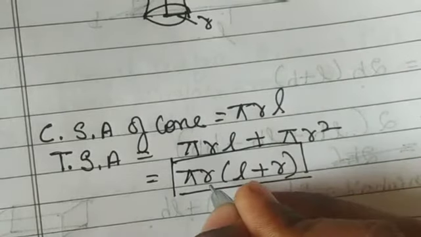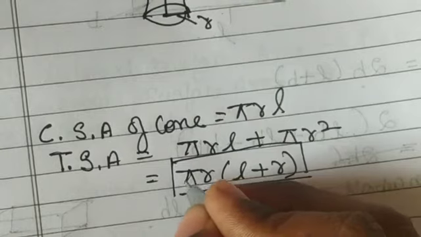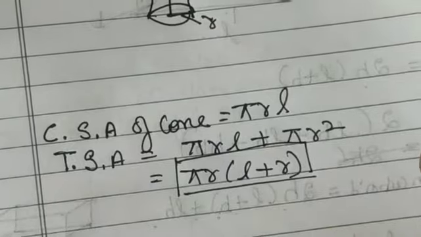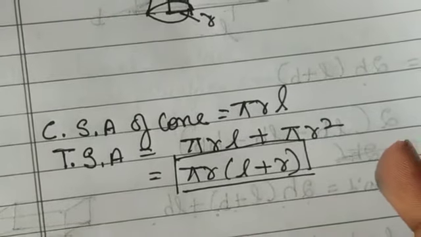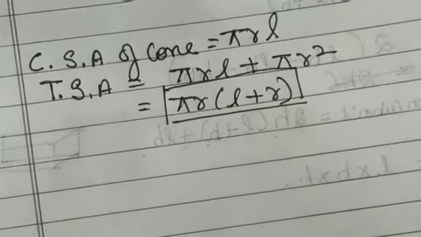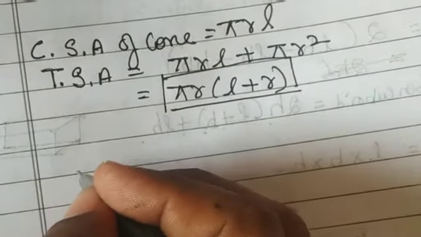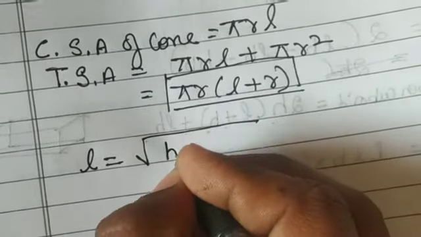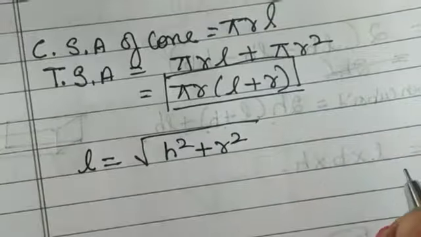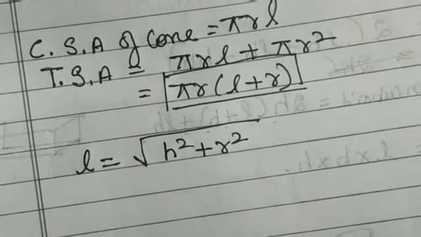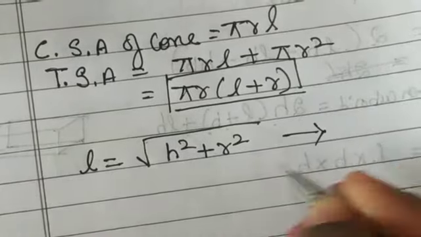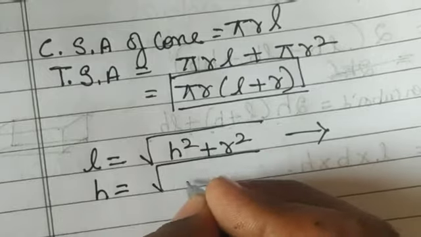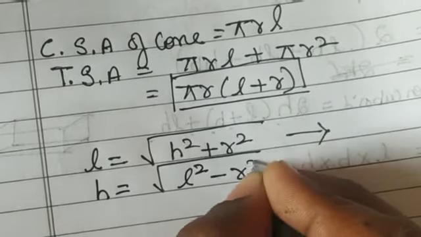You know the value of pi is 22 by 7. So this is the question: if the L is not given in a question and they ask you to find L, which formula do we put? L equals square root of H square plus R square. If the value of H is not given, we use H equals square root of L square minus R square.